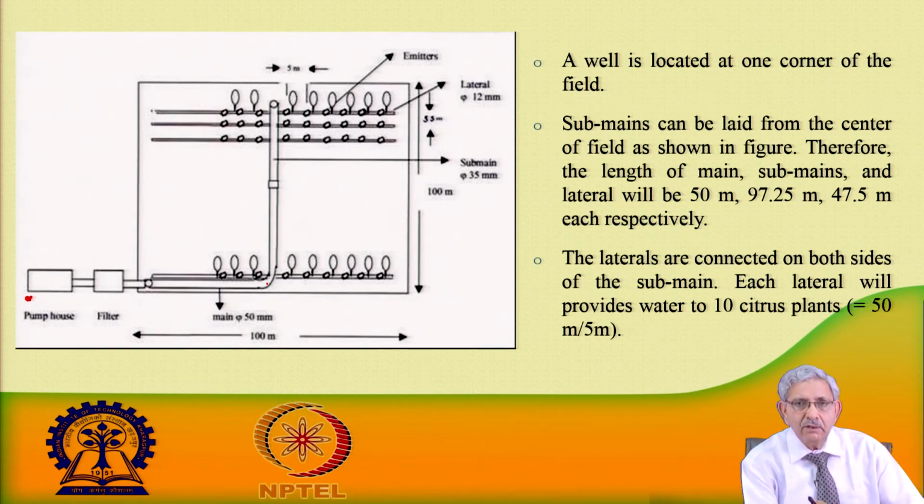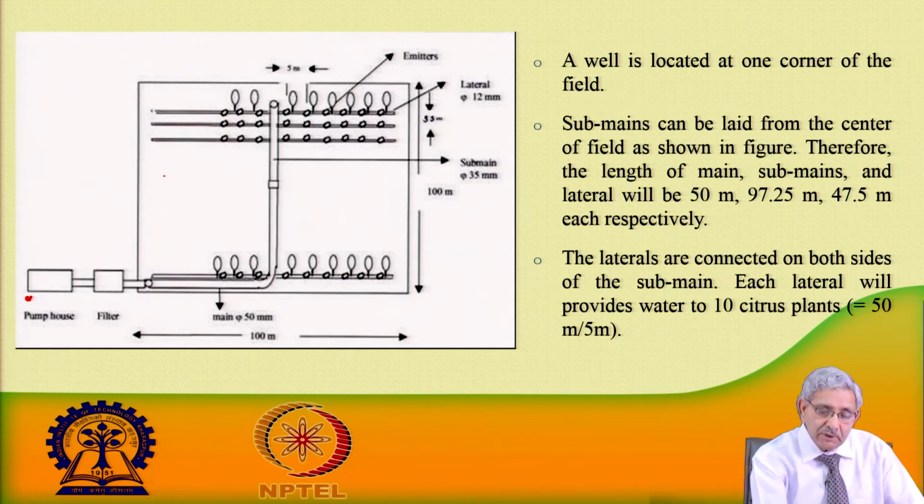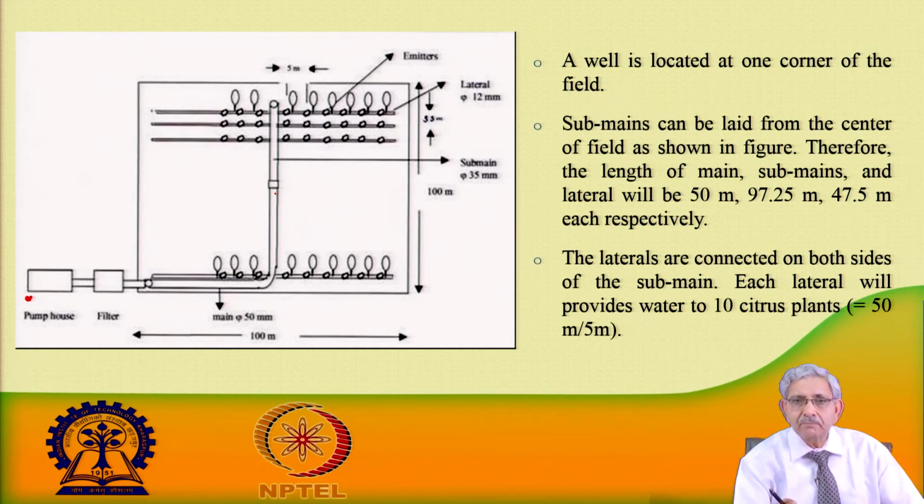It can be made otherwise also. It could have been taken from your main goes here, and then you are connecting the main up to this place, and then the sub main can be brought. So, it is the arrangement one has to see, where the length of the pipeline is minimum and adjusted, so that the cost does not go high.